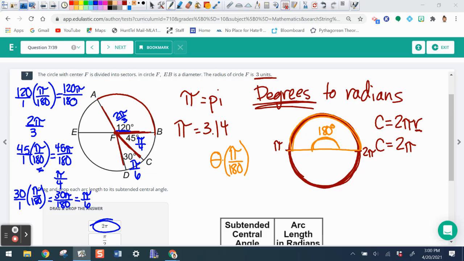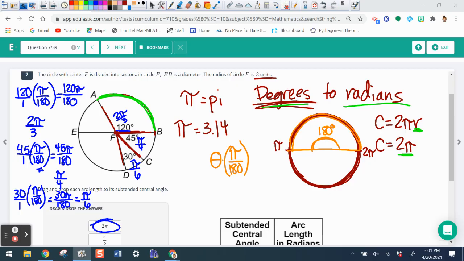So we just converted the angle measures in degrees to radians. The next thing we have to do to actually calculate the arc length is take the measure of the angle in radians and multiply it by the length of the radius. Again, we came up with this concept of degrees to radians based on the radius being 1 here. That's why we went from 2 pi r to simply 2 pi, because multiplying by 1 doesn't change anything.